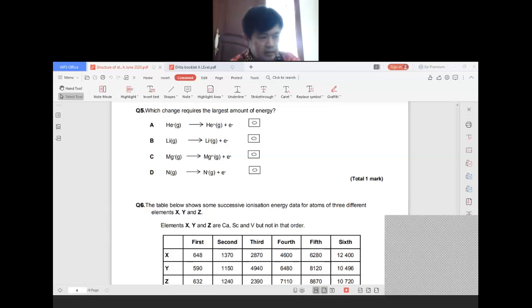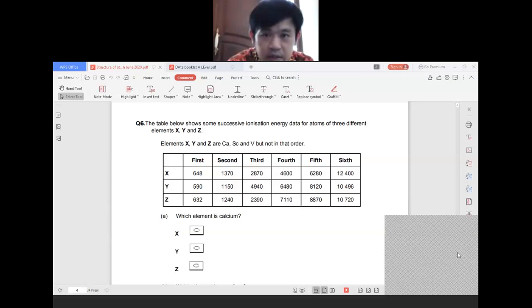And then next, this one, the table here shows some successive ionization energy data for atoms of 3 different elements X, Y, Z. Each one you have to convert to log number.